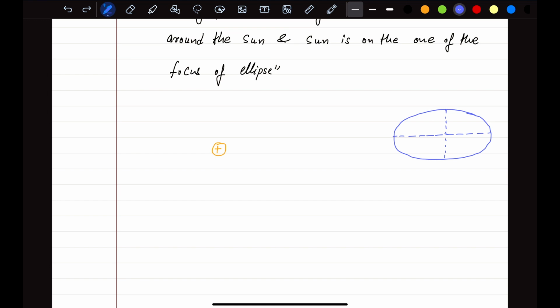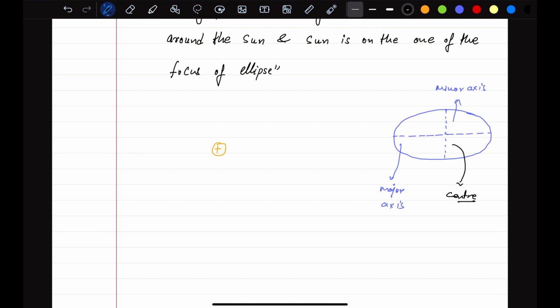Whichever of them is largest will be called the major axis. This is our major axis in this diagram. The other one, which is smaller, is called the minor axis, and the intersection point of the major axis and the minor axis is called the center.